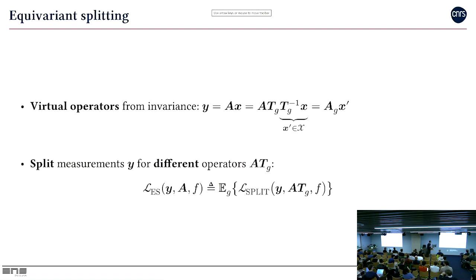So implicitly, just by imposing prior information about my distribution, now I have a family of operators, and now I can do something very similar to the splitting, but now the family, so the sets of matrices that I have are all related by transformations, and I'm going to take the expectation over all possible transformations. And this is what we're proposing here, the equivariant splitting loss, which averages over transformations. Okay.